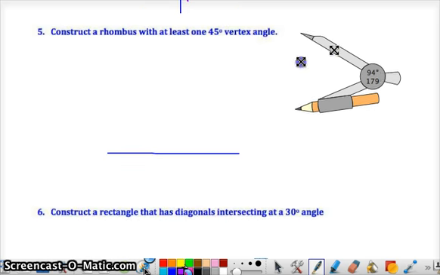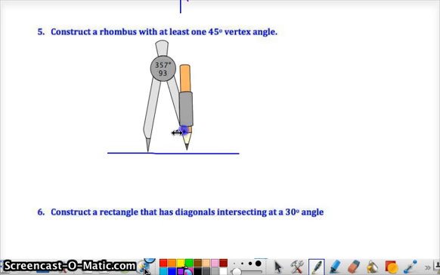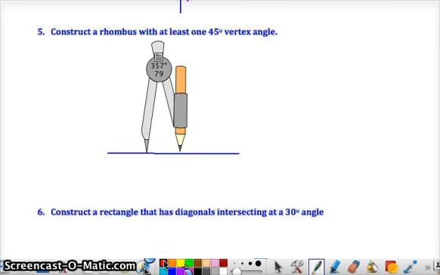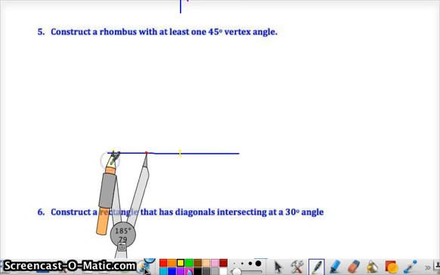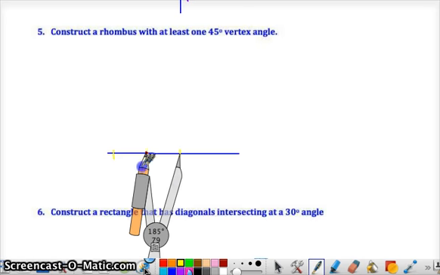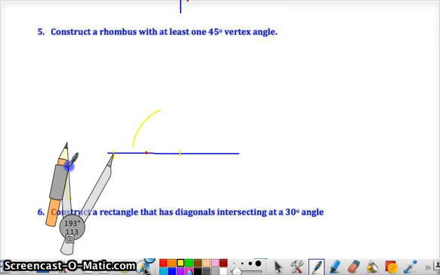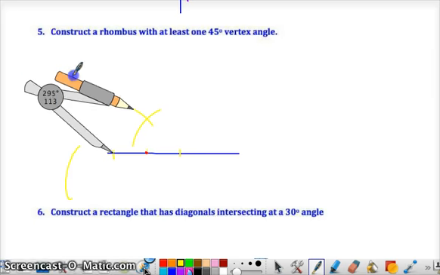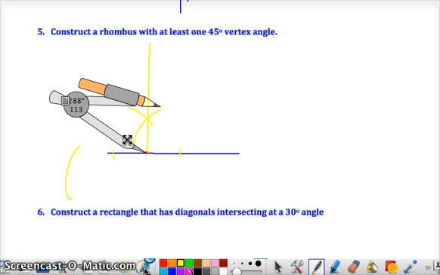I started with my line segment here, so now I'm going to construct a 90-degree angle. There's my 90-degree angle, and now I need to bisect this angle.